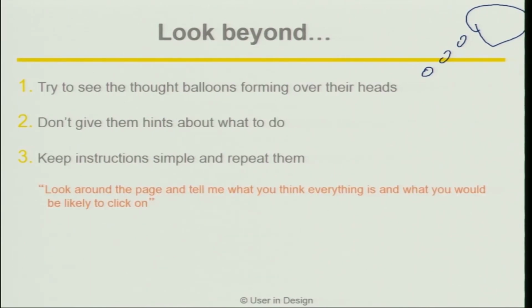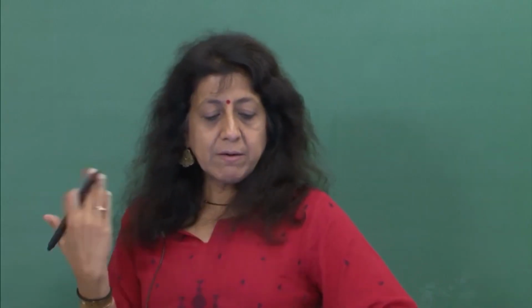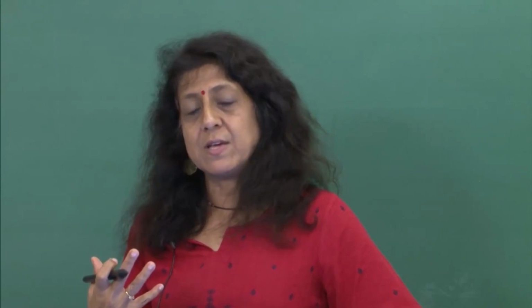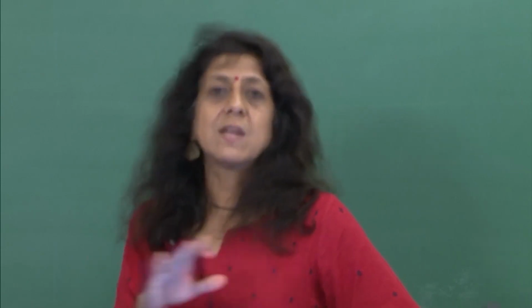Look around the page and tell me what you think everything is and what you would be likely to click on. Right? This is one of the most valuable opening lines. The first thing that the person sees, and you tell them, look around the page and tell me what you think everything is. At that point, you're not giving them any more instructions. There's no questions, no task, nothing.